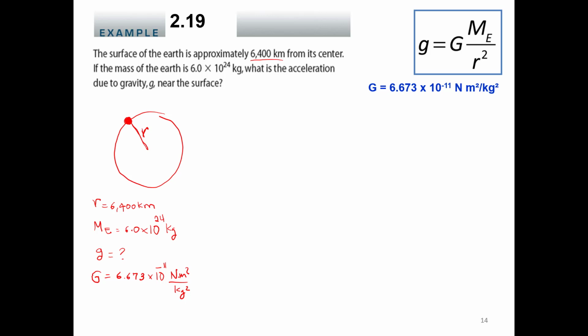What we have to do is convert the kilometers into meters. Let's do this first before we start working on the problem. Let me write first the conversion factor we are going to apply. We know 1 kilometer equals 1,000 meters.